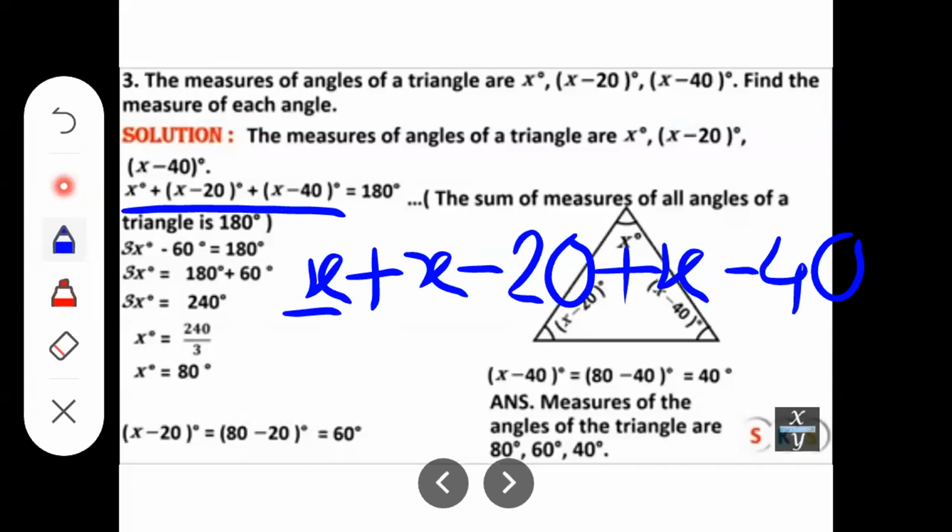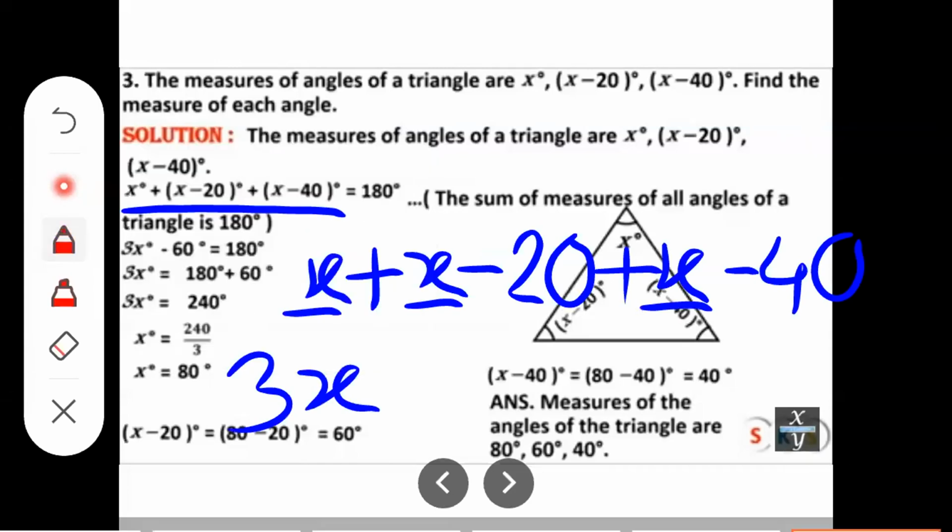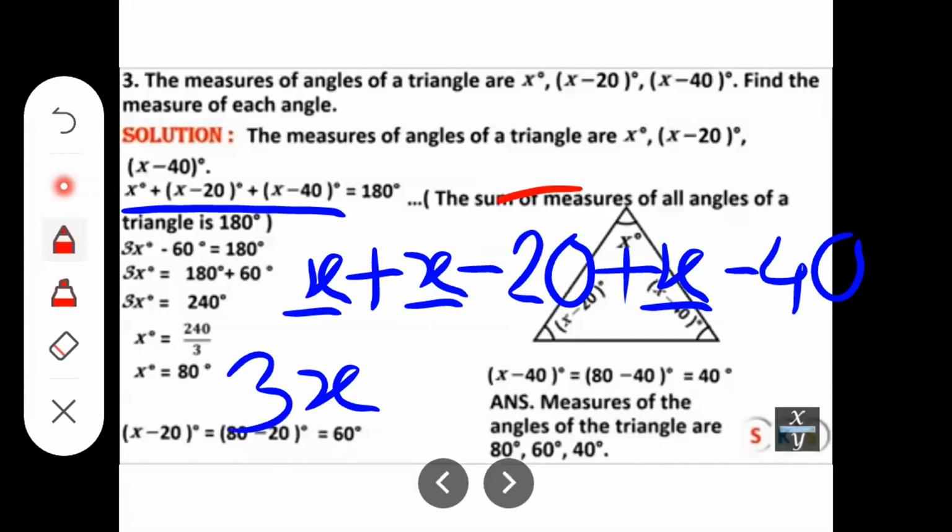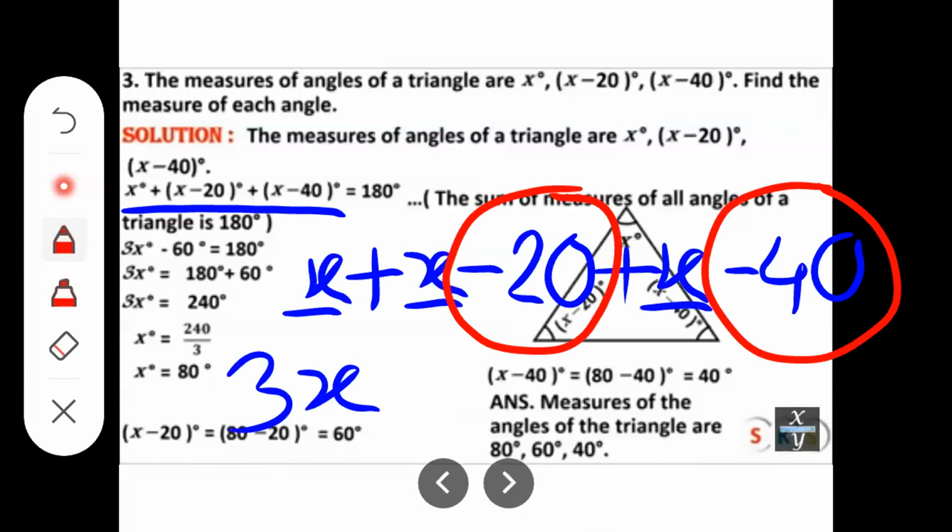Now this x, x, x, that is 3x. And this minus 20 and minus 40. So minus minus get added. So 20 plus 40, that is 60, and minus minus gives a minus sign to the answer.